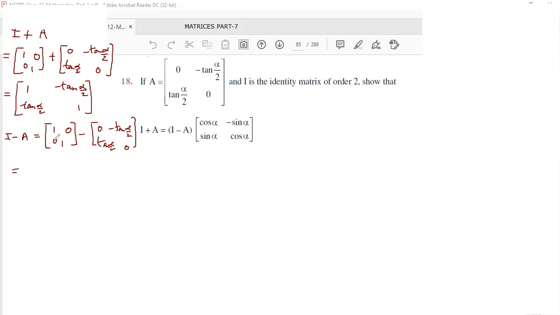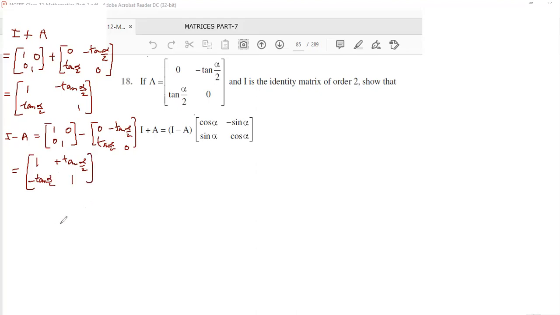Here we are going to subtract now: [1-0, 0+tan(alpha/2); 0-tan(alpha/2), 1-0].